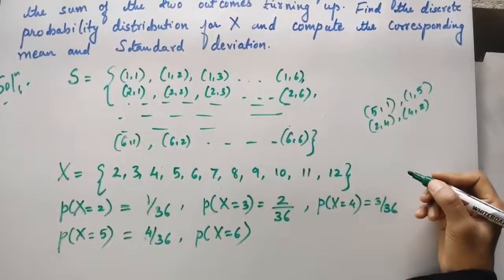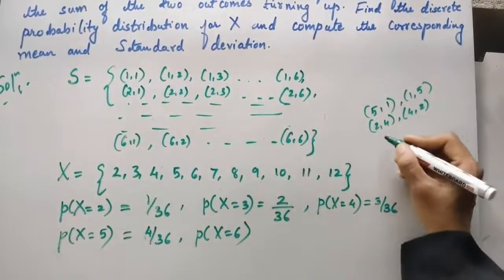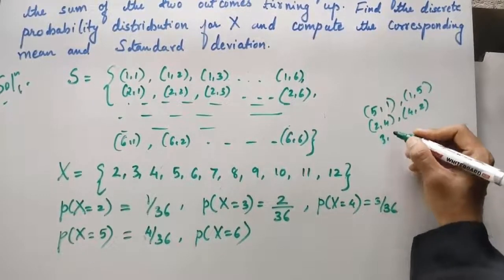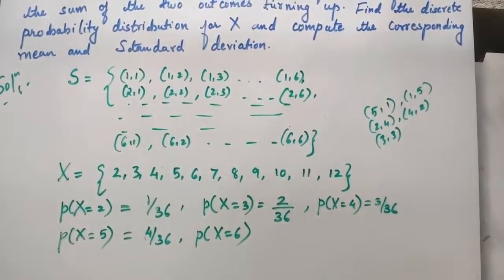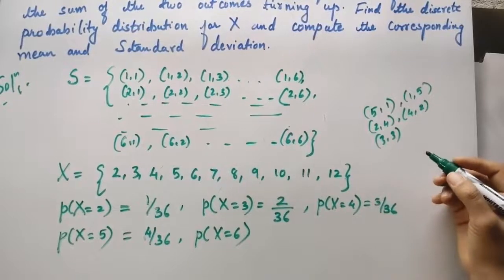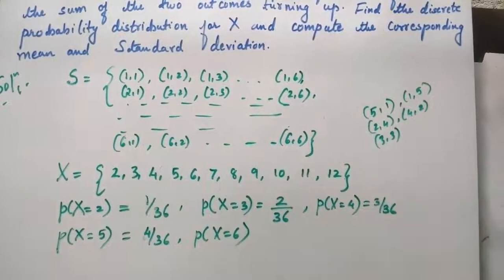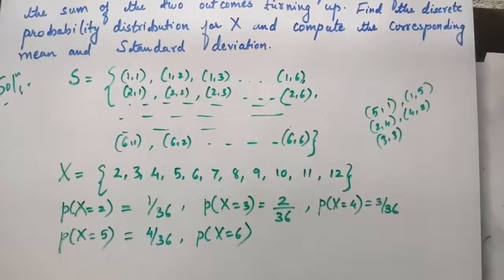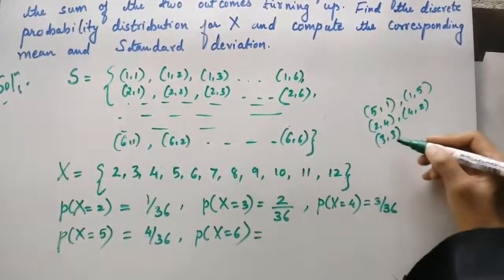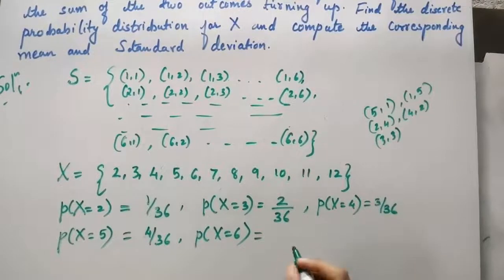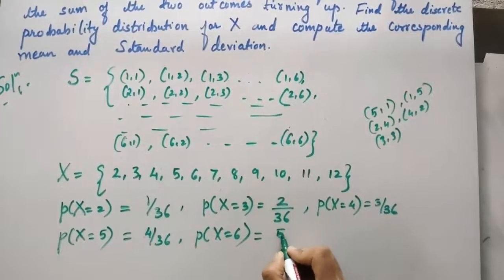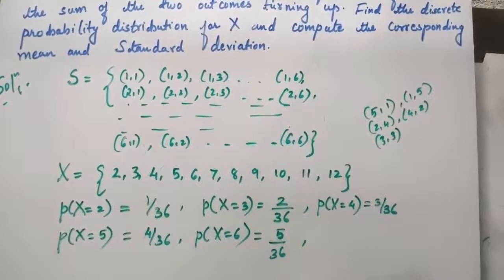Any other possibility? 3 comma 3 results in 6, sorry. 3 comma 3 results in 6. Yes or no? Yes, and further any possibility which results in the addition to 6? No other possibility. So these are the only 5 ordered pairs resulting the addition of 6. So therefore 5 over 36 gives you the required probability, is it not?